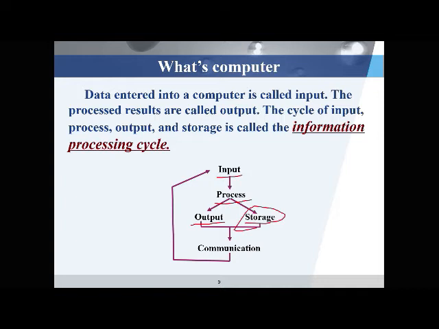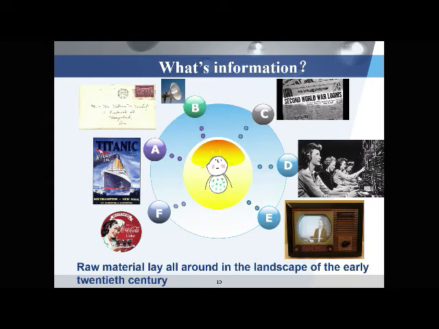So here we have a new concept called information, because this cycle is called the information processing cycle. So what is information? Here are some images from the 1940s. At that time, the raw materials lay all around in the landscape.